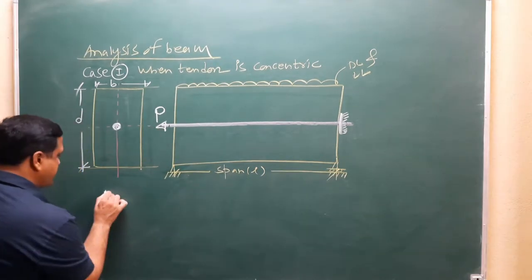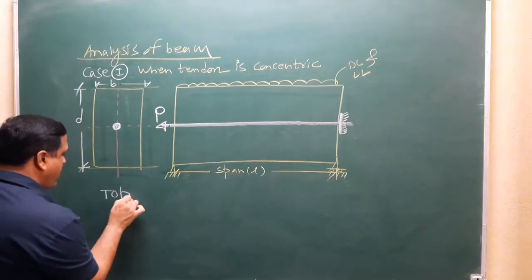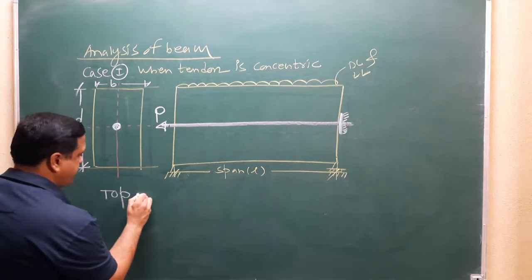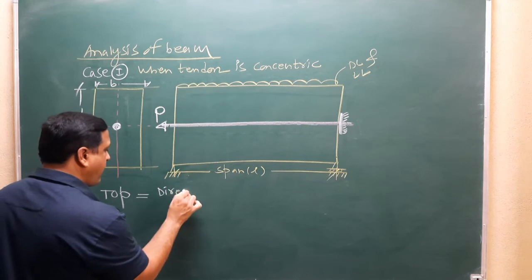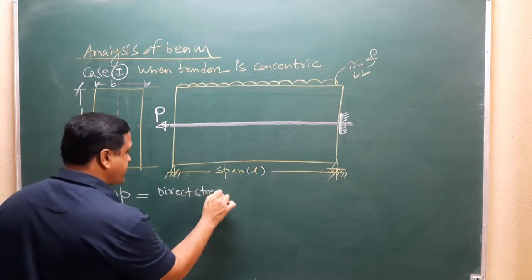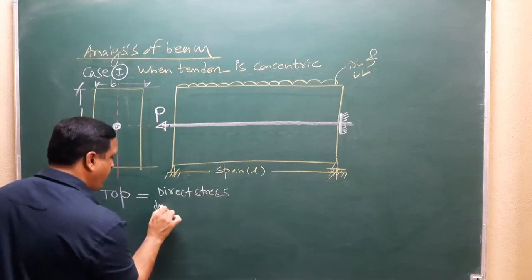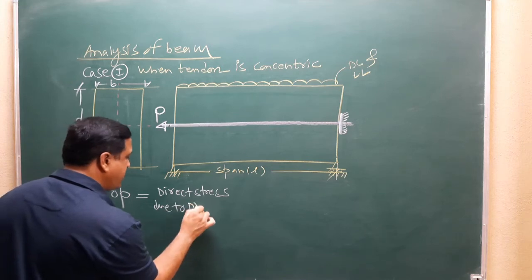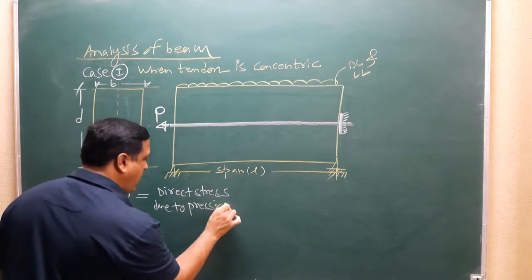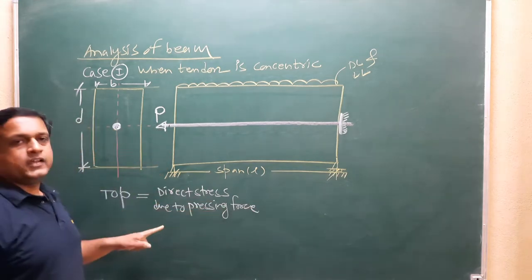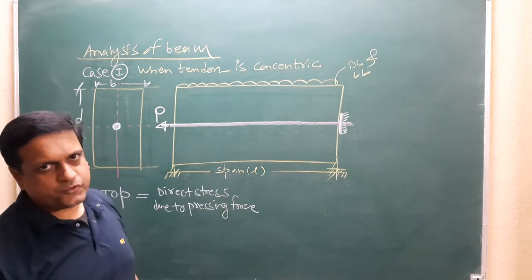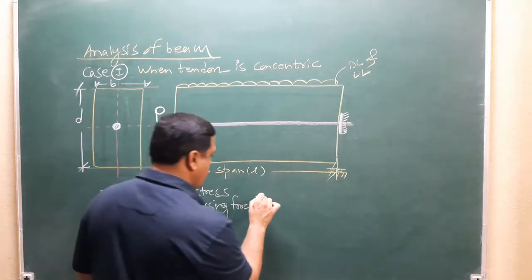So, top fiber stress. First is the direct stress due to prestressing force. It is always positive, compressive in nature.